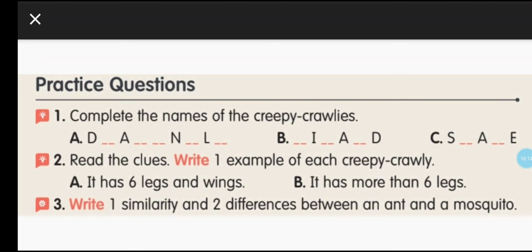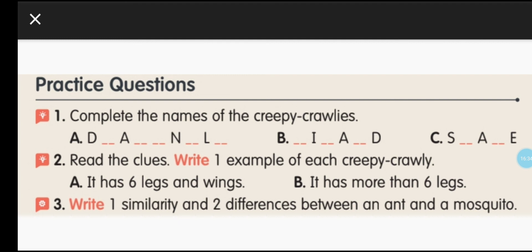These are the questions given in the practice book, practice question column, page number 26. So complete the names of the creepy crawlies. You have to identify the crawlies. Missing letters, you fill them in. That's a fun activity. You can do this in the textbook itself.